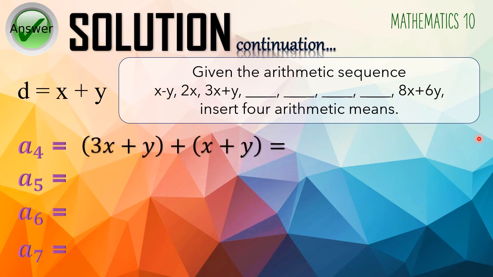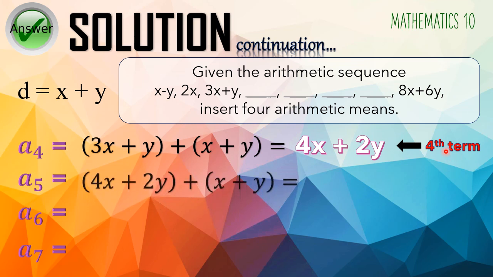So just start by adding x plus y to the preceding term, which is 3x plus y. And so 3x plus x, it's 4x, and then y plus y, it's 2y. This serves as our fourth term already, or the first arithmetic mean.